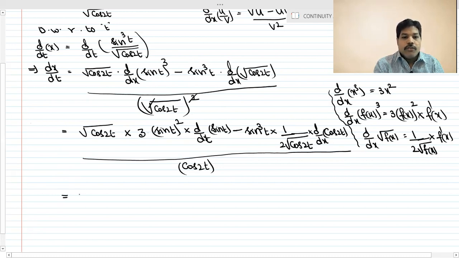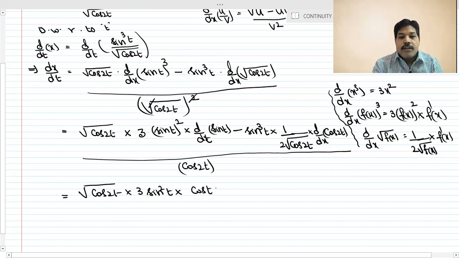So next, that is equal to root cos 2t into 3 sine square t into derivative of sine, which is nothing but cos t, minus sine cube t into 1 by 2 into root of cos 2t into derivative of cos f of x.